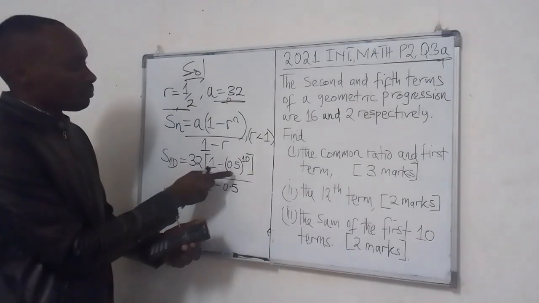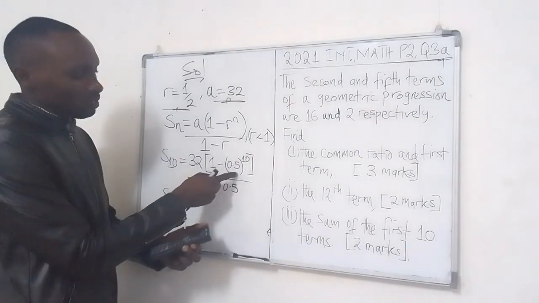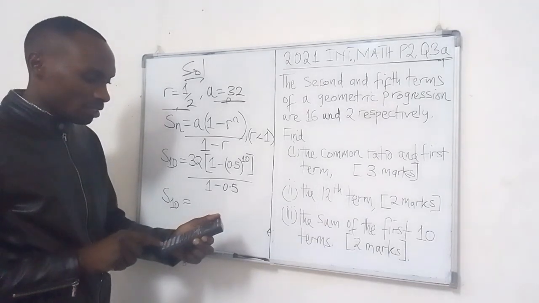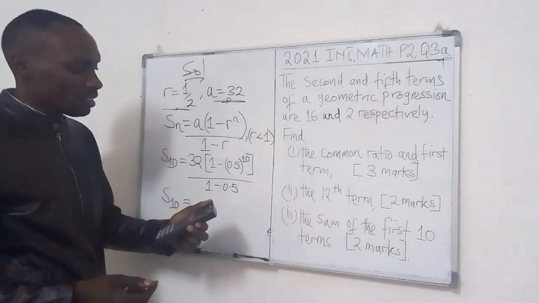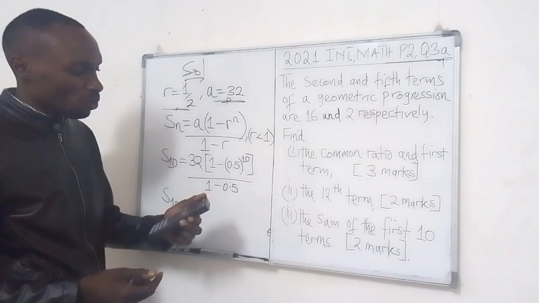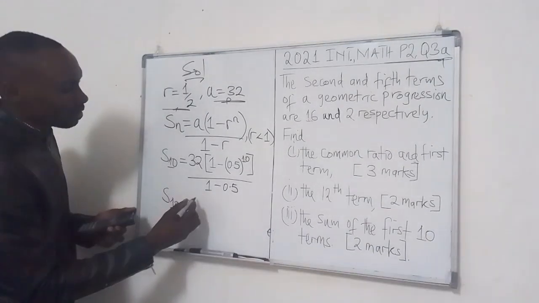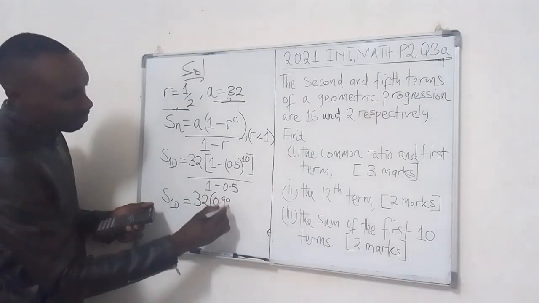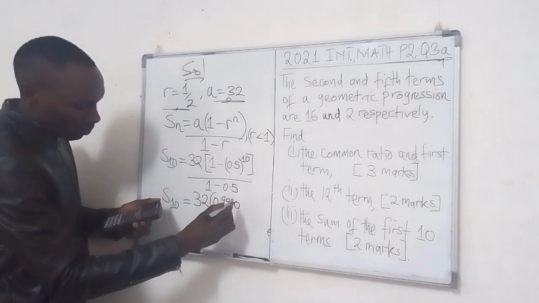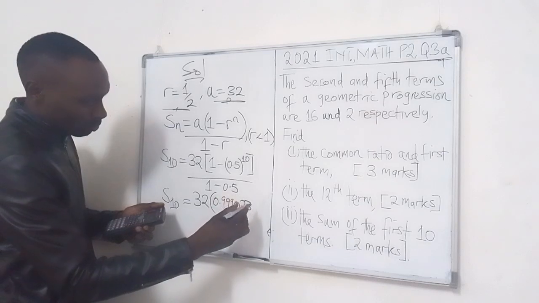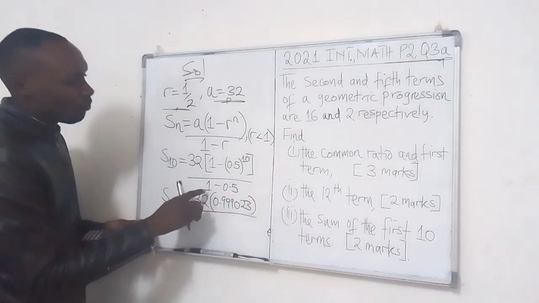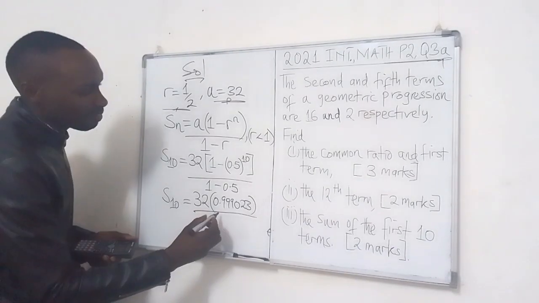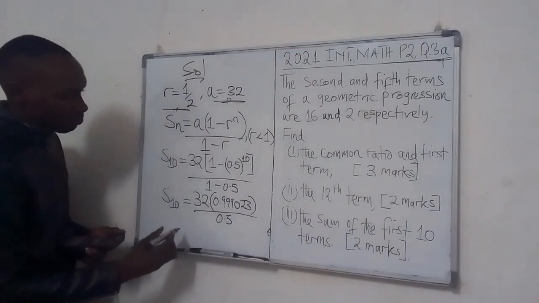Now 1 minus this answer gives 0.999023437. So 32 is multiplying with 0.999023. Then over, what is 1 minus 0.5? That is simply 0.5.